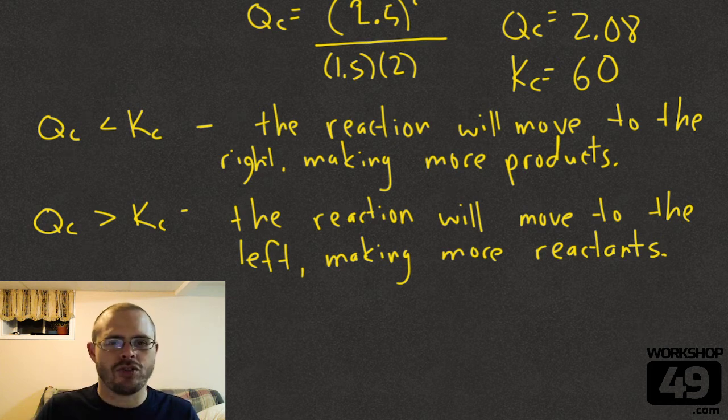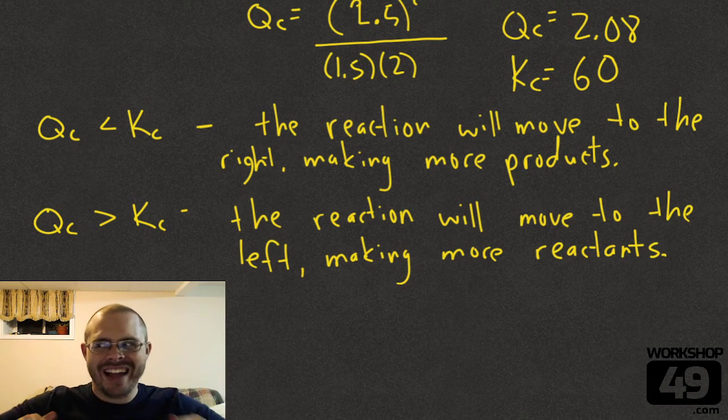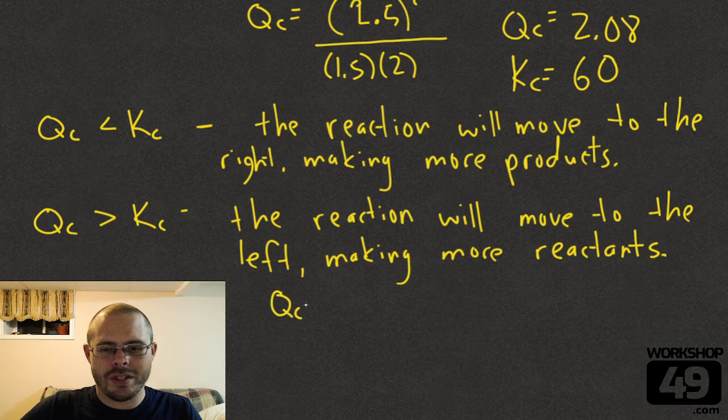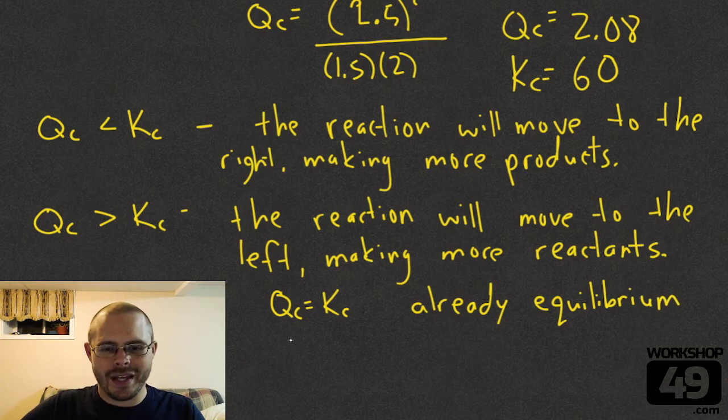I could make up a question where you solve Qc and somehow get exactly 60, and you'd wonder what to do now. If Qc is exactly equal to Kc, it's already at equilibrium. Somehow you put in your flask the exact concentration of all chemicals required for equilibrium.